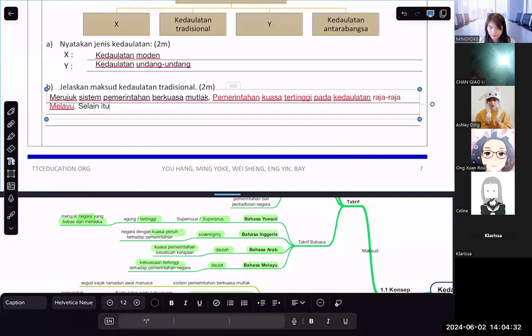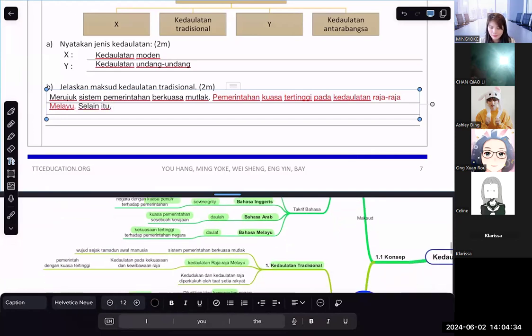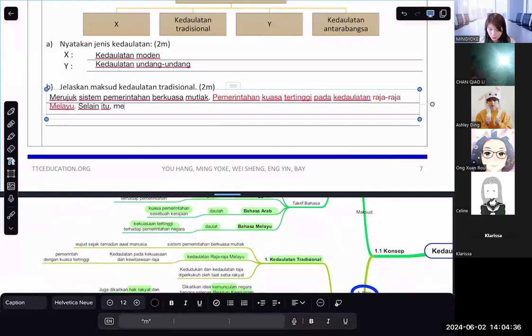Selain itu. Merujuk pemerintah dengan kuasa tertinggi.